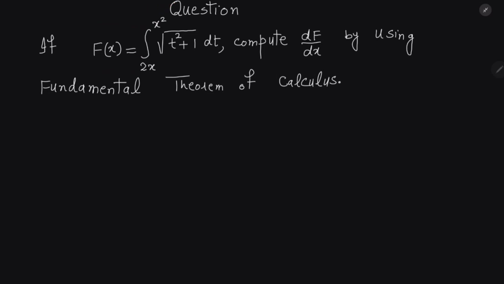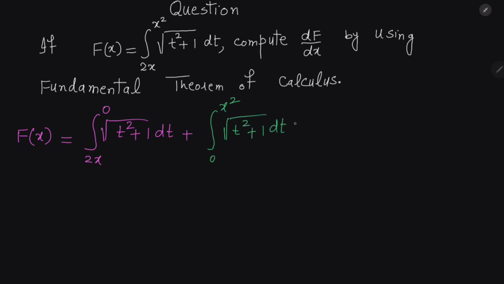So we can write this f of x as the integral from 2x to 0 of square root of t square plus 1 dt, plus the integral from 0 to x square of square root of t square plus 1 dt.